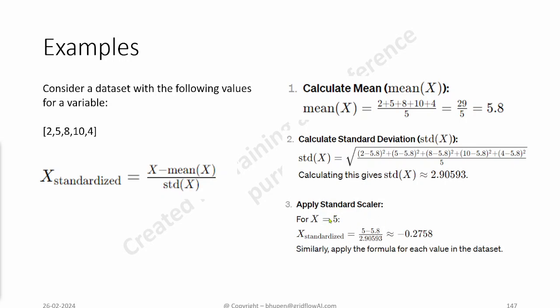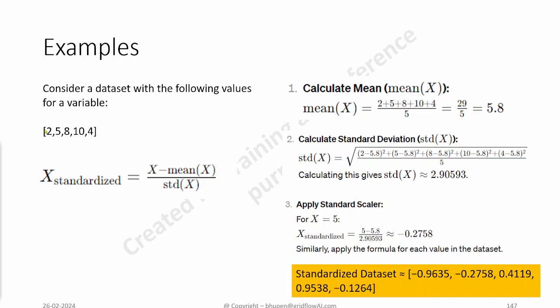For example, the value 5 would be 5 minus the mean, which is 5.8, divided by the standard deviation, which is 2.9. That's going to give you the transformed value. And you're going to apply it to the entire set here, and the transformed array will look like this. Now, these values are in units of standard deviation.